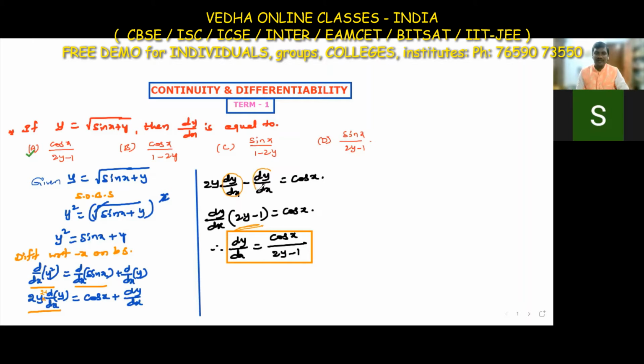If you take dy by dx common, what remains other than dy by dx is 2y, and from the minus dy by dx we get minus 1. The minus stays as it is and 1 remains. If you multiply again, 2y into dy by dx gives back the previous term.